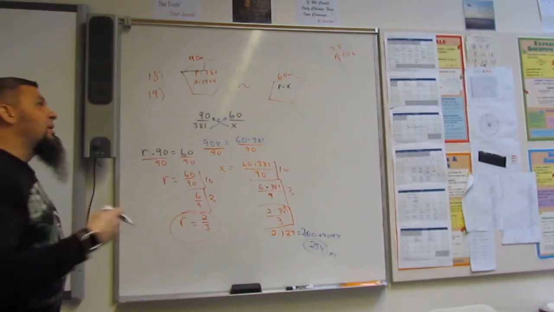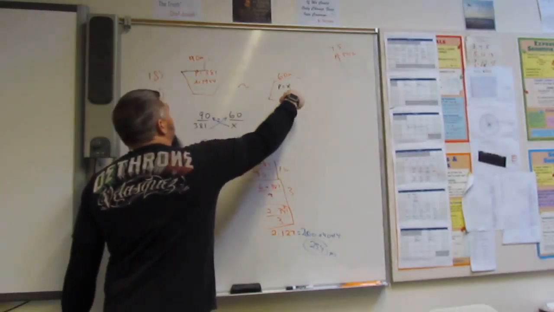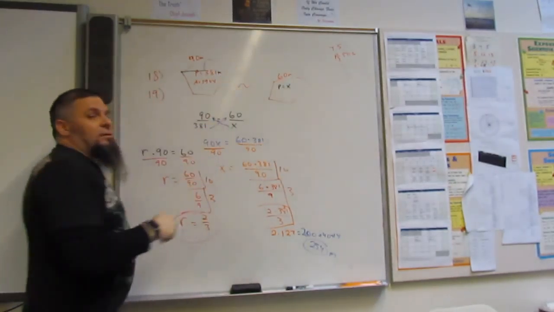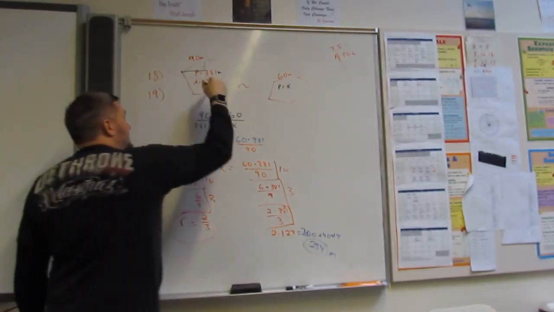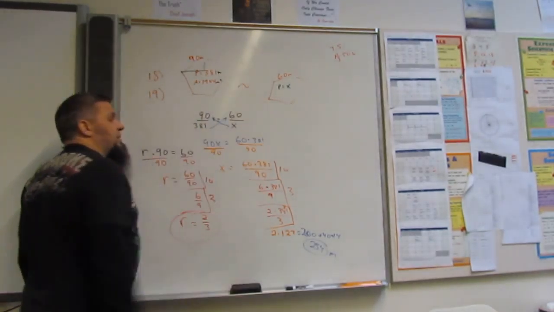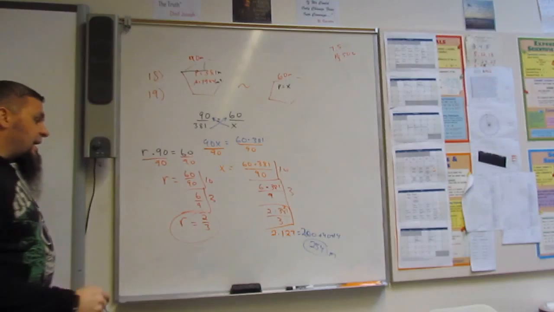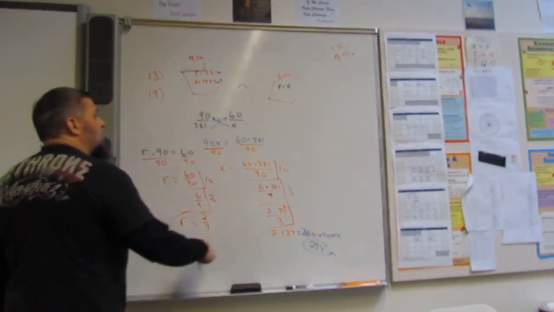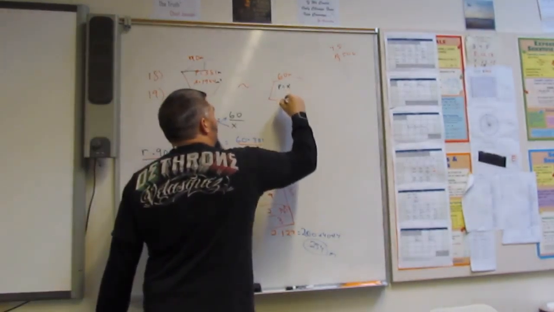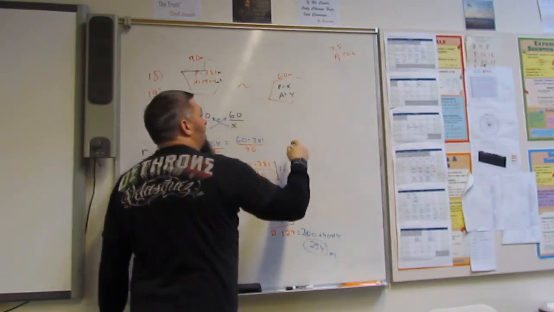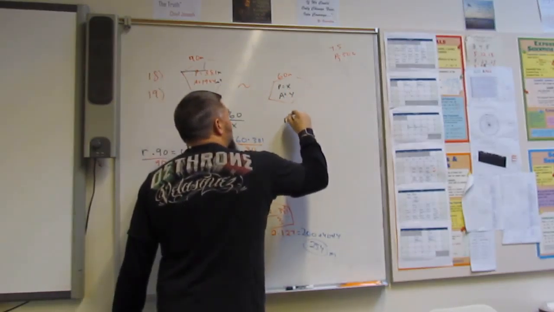They're squared. This answer is in meters. This answer is in meters squared. So what we're going to have to do with this r is we're going to have to find a, right? We're going to have to take r squared.